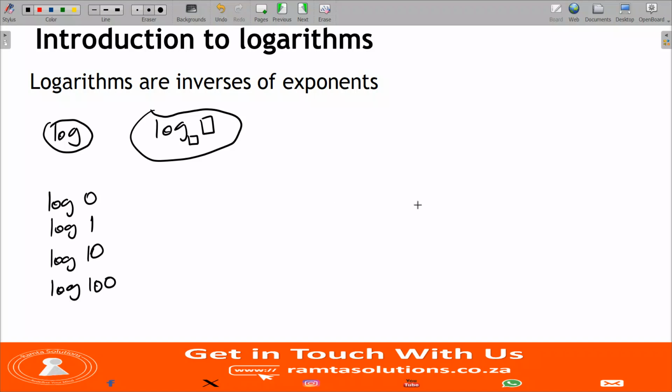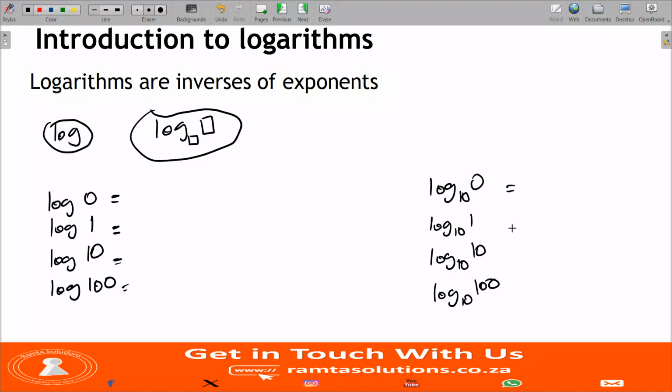While we are on it, we will also calculate the value of log 0 base 10, log 1 base 10, log 10 base 10, and log 100 base 10. So let's go to our calculators and see what we are getting. Let's begin with log 0. Your calculator will return an error.